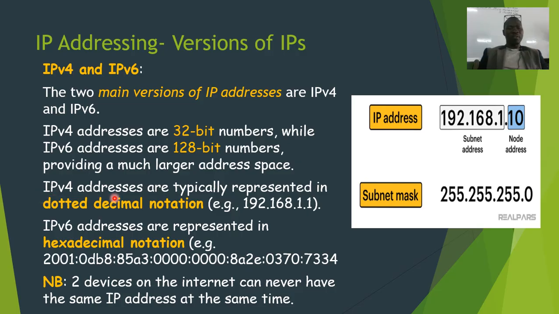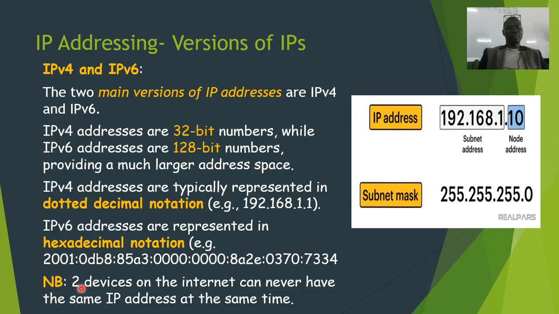So IP version 4 addresses are also represented in dotted decimal notation, or basically decimal notation. This is what an IP version 4 address looks like. Then IP version 6 addresses are represented in hexadecimal notation, something just like this, with the colons appearing everywhere there. So this is hexadecimal notation.